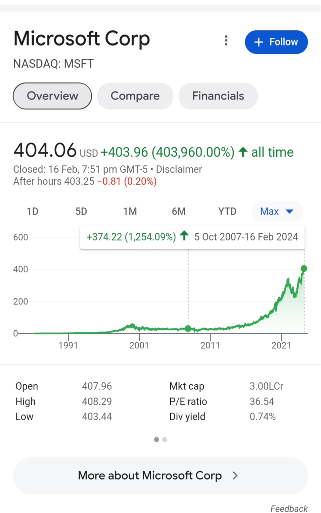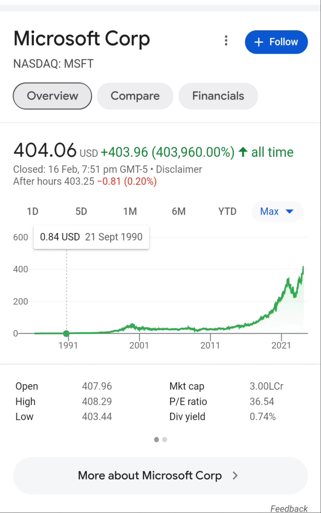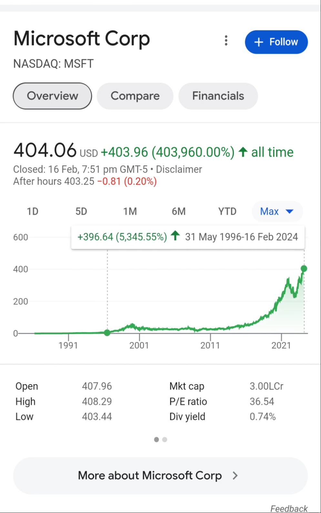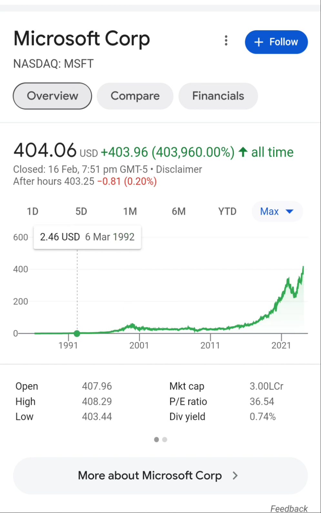If someone invested around 2007, the stock gave a return of around 157% exactly. And if someone invested in this stock around 2000, then their money doubled by almost 38-39%. Now let us see how it performed for the last 10 years.